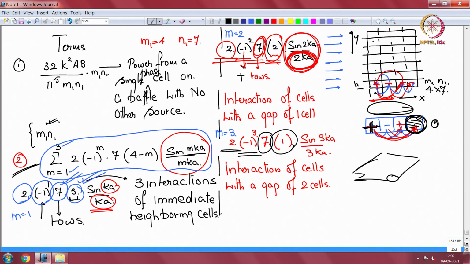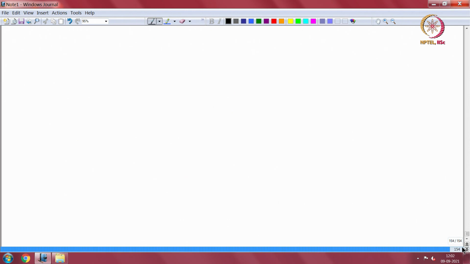Now, the next, term 3. Term 3 looks like this: summation n, this time going from 1 to n1 minus 1, which is 6, of twice minus 1 to the power n, m1 which is 4, into n1 minus n, and sine nkb over nkb.